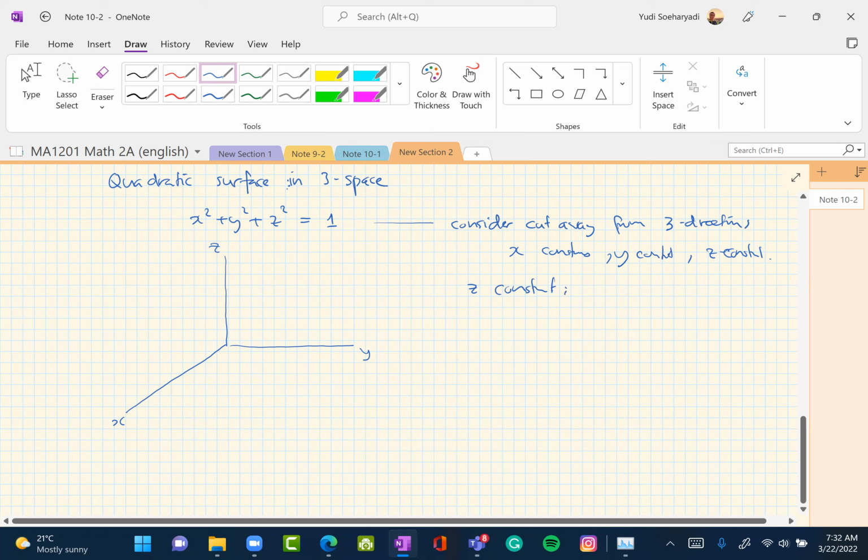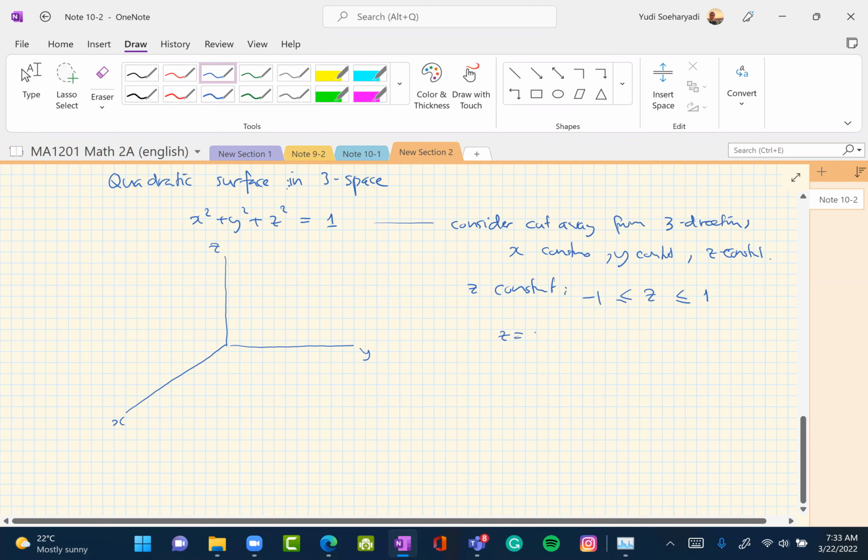Z constant. Okay, in this case, z cannot be bigger than 1. Here z must be at least negative 1, the smallest, and the largest would be 1. If z equals 1, then x and y should be 0. Same thing if z is negative 1, it only happens when x and y equal 0.